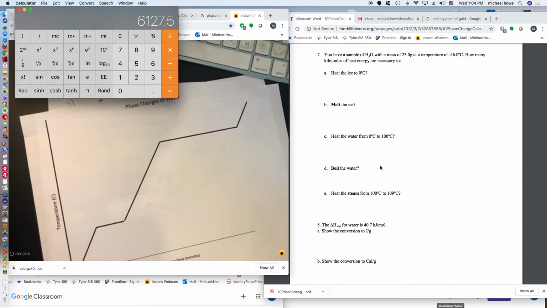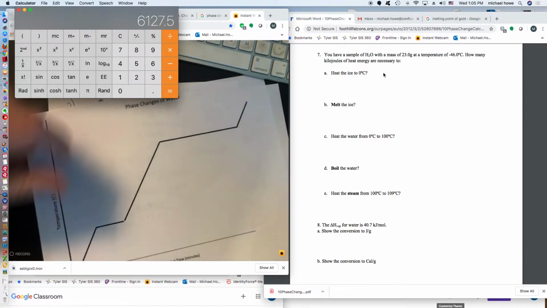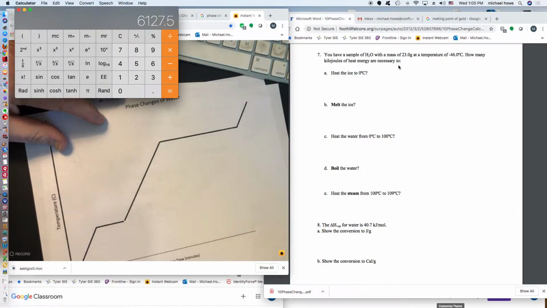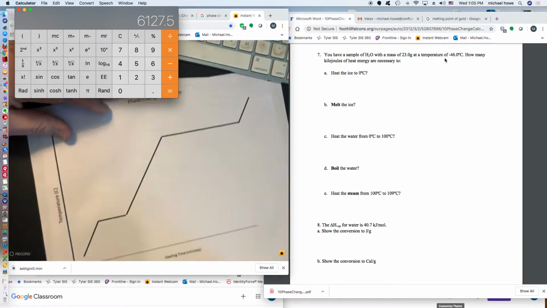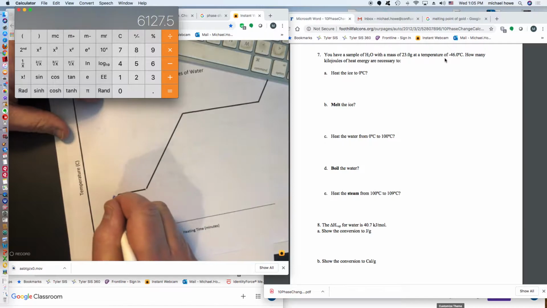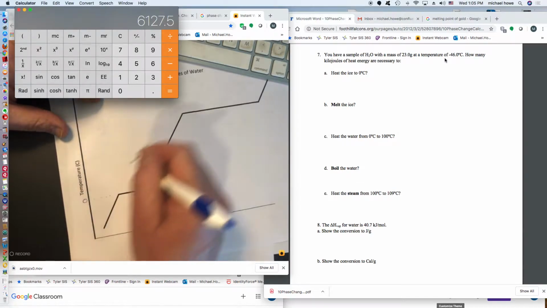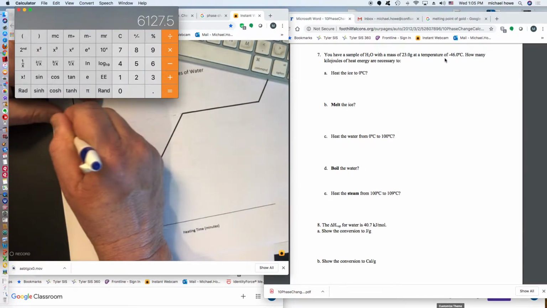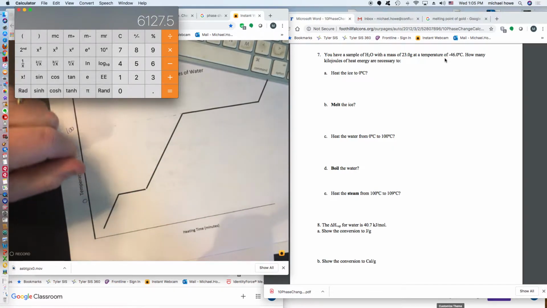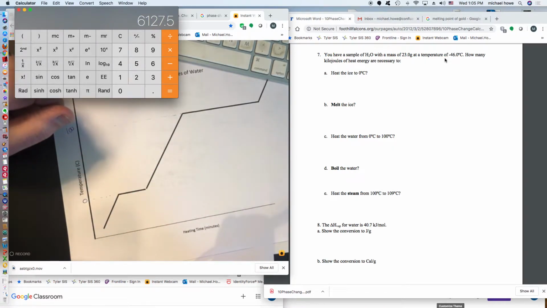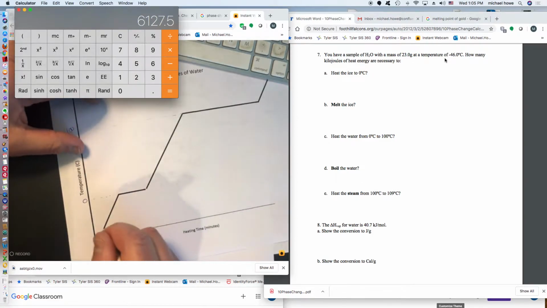So we're going to do this in steps, and then calculate the total energy needed, which it doesn't ask us to do, but we're going to do that anyway. All right, so where's negative 46 on this graph? Remember water had a melting or freezing point of 0 and a boiling point of 100. So where is negative 46? Well, it's down here somewhere.